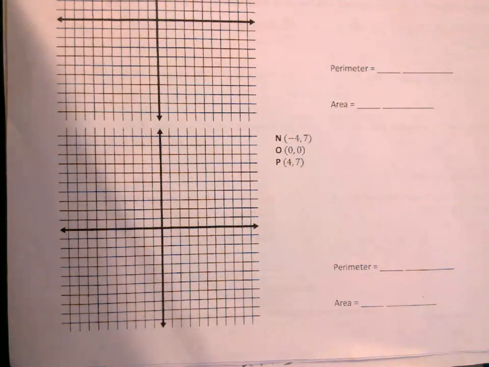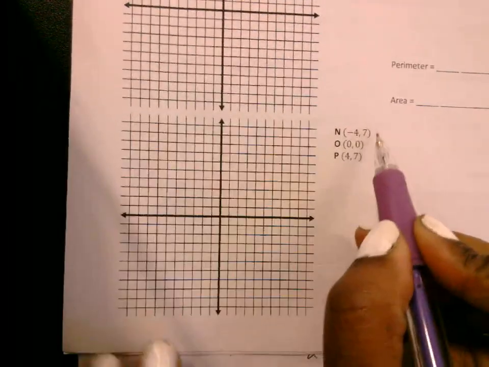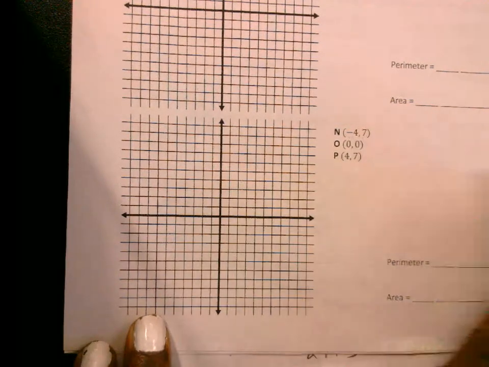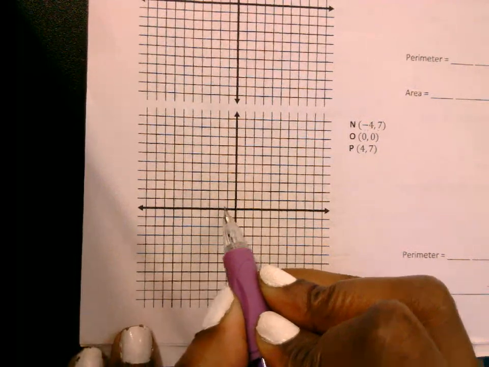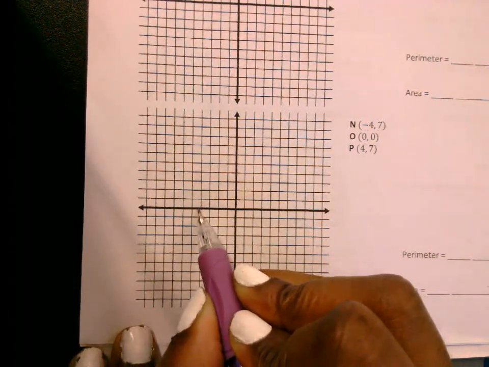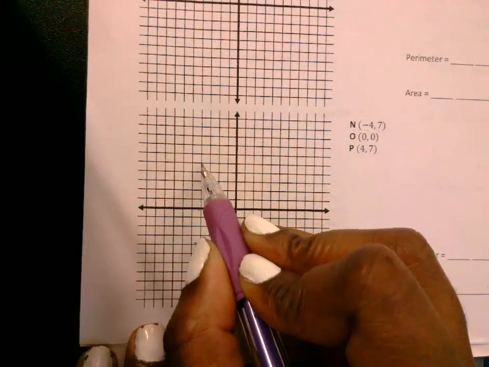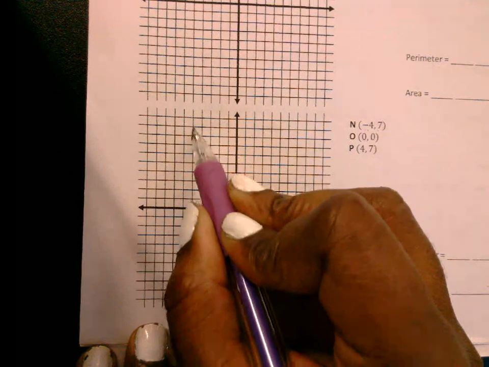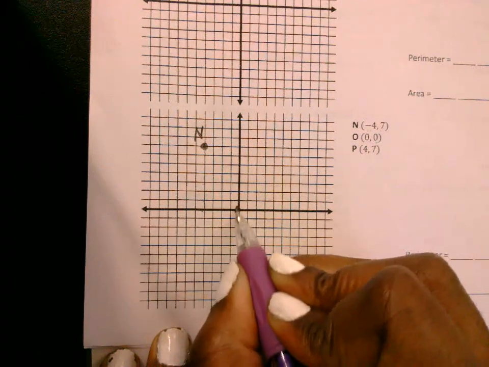All right, the first thing you want to do here is graph these ordered pairs. I'm going to graph the first ordered pair at -4 and 7. Start at the origin. -4 is to the left: 1, 2, 3, 4. +7 is up: 1, 2, 3, 4, 5, 6, 7. This is my N. Label this as N. The second point is at 0, 0, the origin.